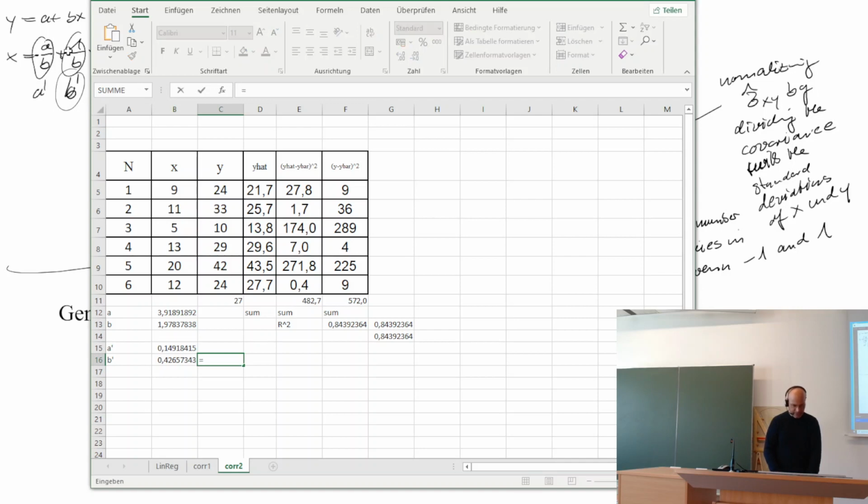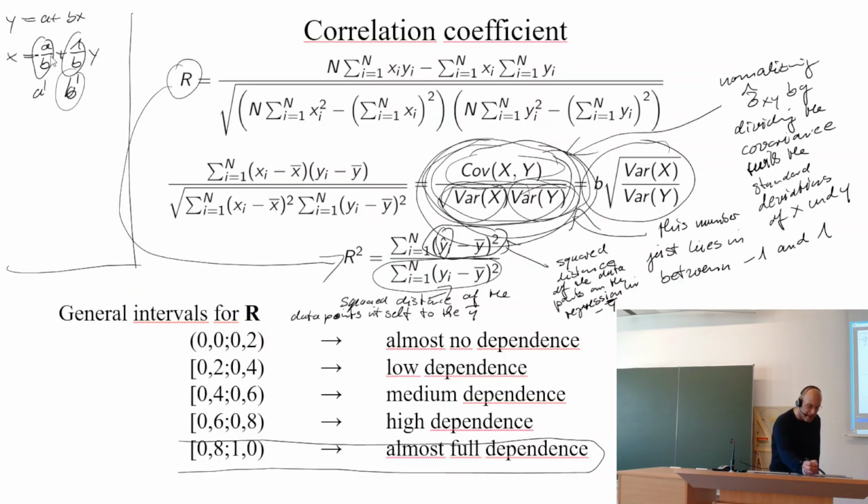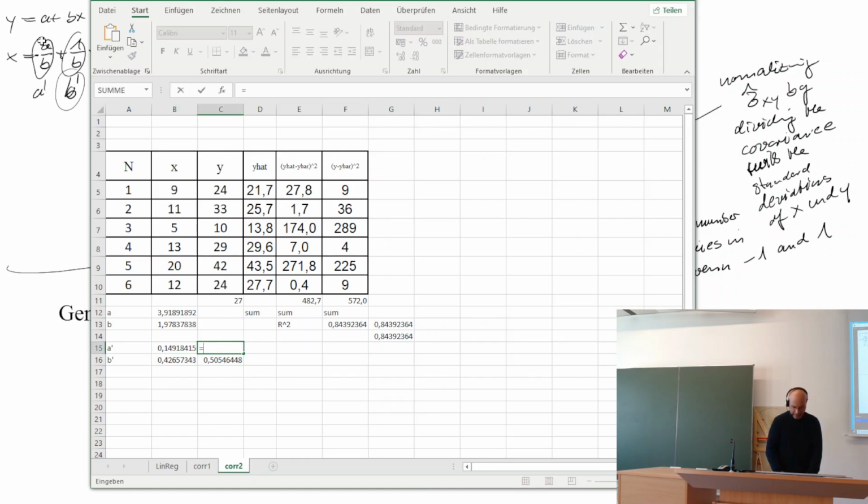If I calculate this, equals 1 over b, then I see this is not the same. And also I could think that maybe a prime would be just minus a over b.